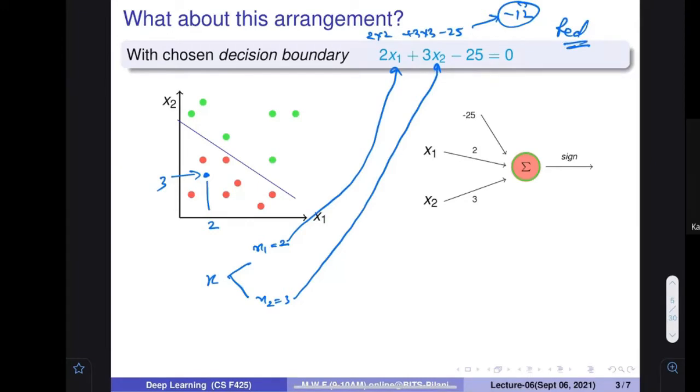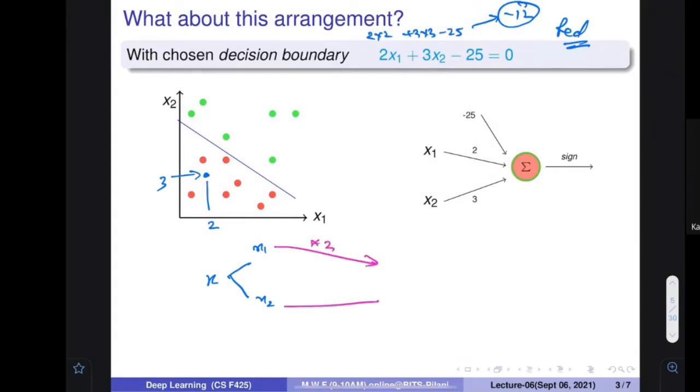In this way we can find out the classification. What do I mean by this? Can I represent it in some way? If I say that this value x1 is going to be multiplied by 2, and this value x2 is going to be multiplied by 3, then on the arrow, if I write 2, it means it is multiplied by 2.